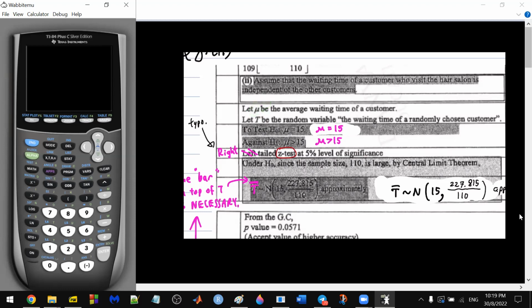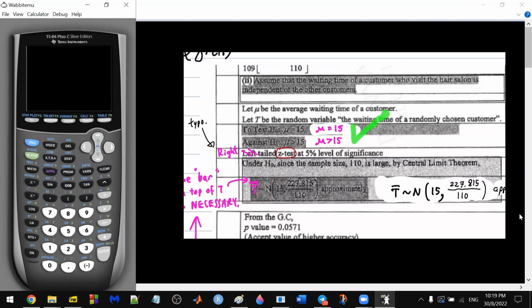Now we want to test H0 versus H1. H0 is the boss's claim: only 15-minute waiting time. H1 is Jeremy's claim: no, it is more than 15. I rewrote it here in pink so that it's clearer. This is your step 1, define H0 and H1.